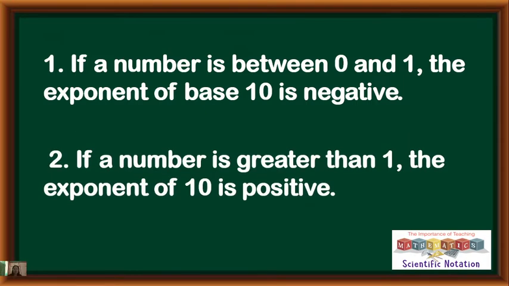But if a number is greater than 1, the exponent of 10 is positive. So do not be confused about the exponent of our base, which is 10. It will be negative if the number is what? Between 0 and 1. And it becomes positive if it is greater than 1.